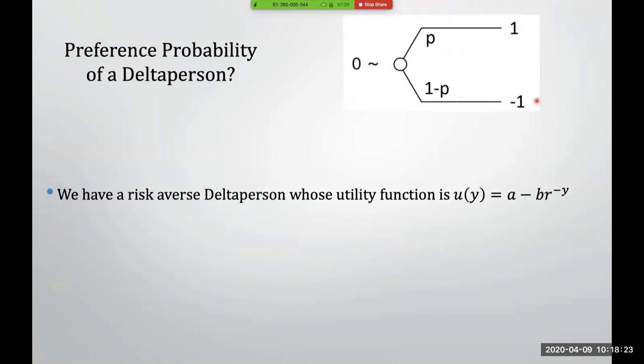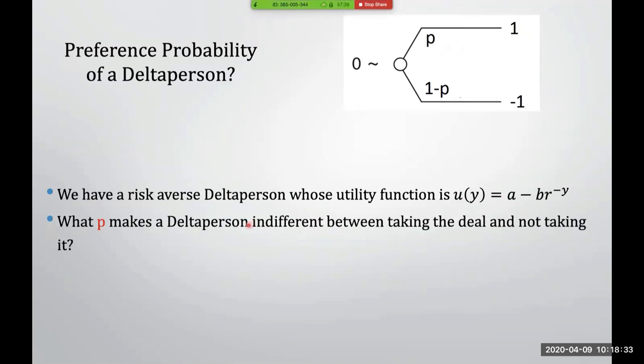Since we're looking at a Deltaperson, let's pull up her utility function over here. And we're interested in what P makes a Deltaperson indifferent between taking this binary deal and not taking this binary deal. So we're solving for P using this equivalent relationship.